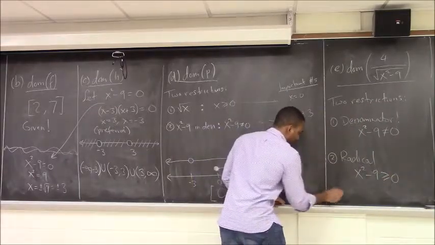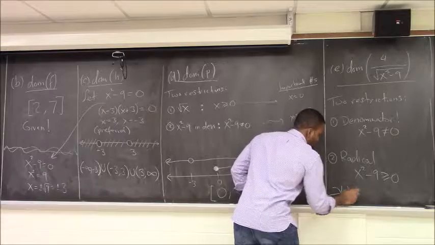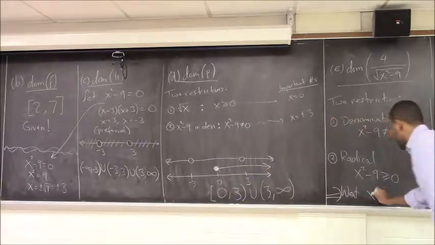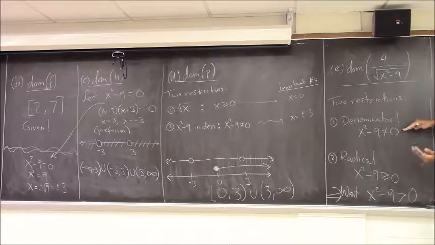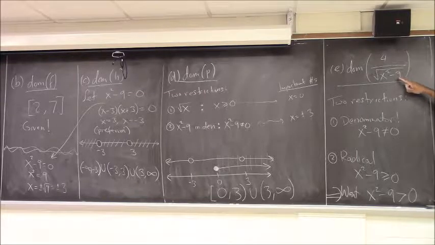This means, overall, what you want is for your x squared minus 9 to be strictly greater than 0. So that's the first thing you need to figure out. It can't be 0, and it has to be greater than or equal to 0, so that means we don't want the 0, but we want the bigger. So finding the domain of this function amounts to solving this inequality.